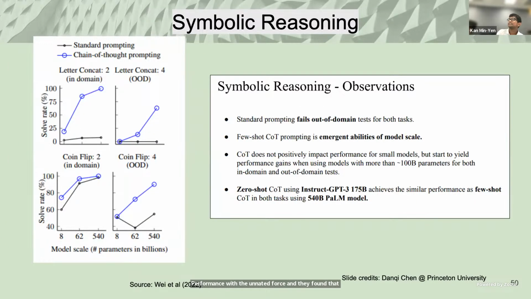And again, symbolic reasoning is pretty much the same thing. With chain of thought prompting, as the model scale increases, it performs better. So again, chain of thought prompting is an emergent ability of model scale. We couldn't have done this with smaller models.